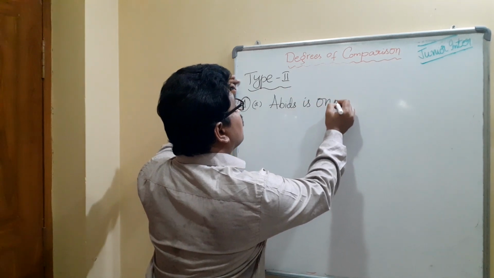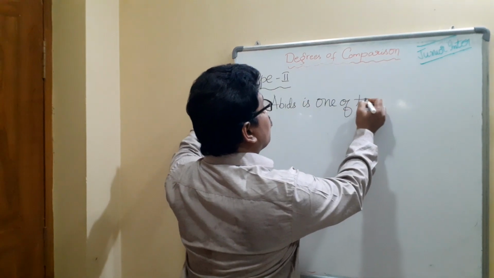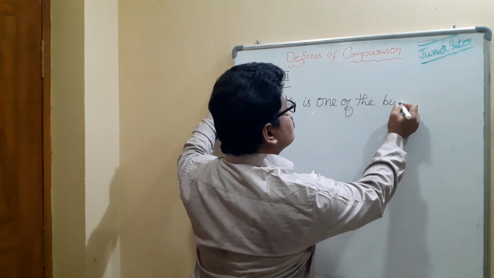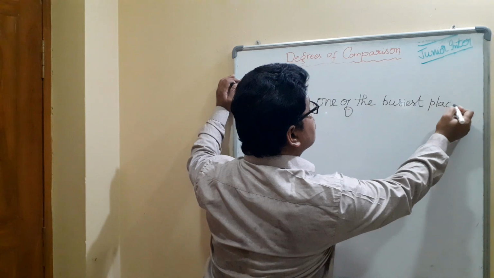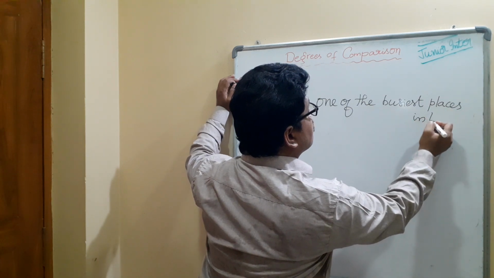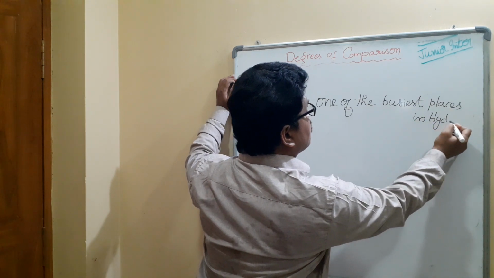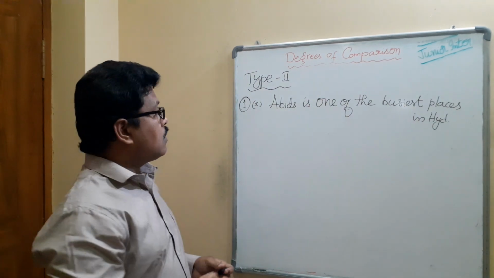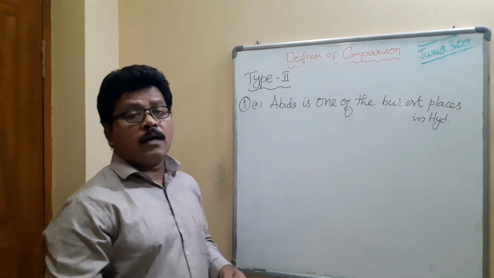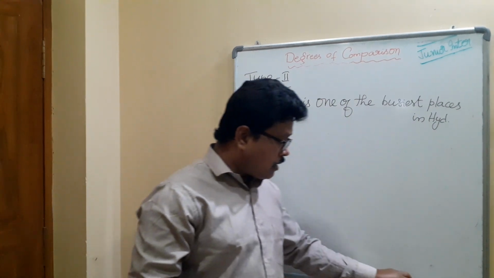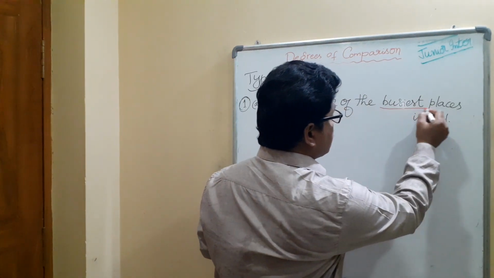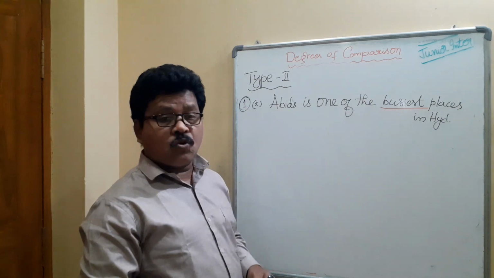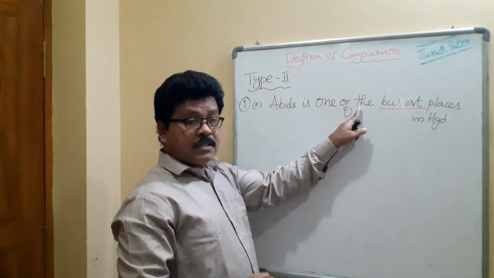Abbots is one of the busiest places in Hyderabad. So tell me, locate the adjective. Where is the adjective? Busiest. Which form is given? Superlative form. EST is there, the is also there.